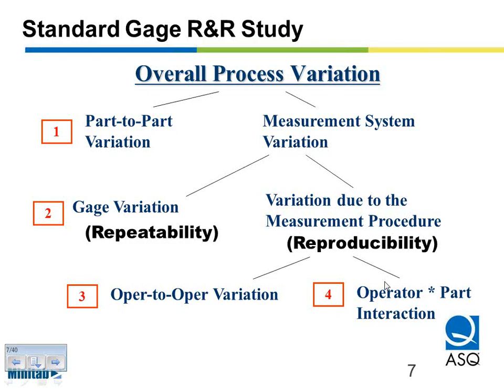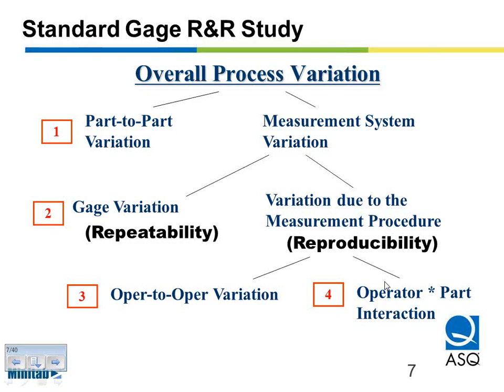How much consistent operator-to-operator variation is there in my measurement system between operators? And then a more subtle estimate of operator variability, which is how each operator is interacting with specific parts, oftentimes unique parts that we have in our process, causing that fourth source of variability, the operator by part interaction.